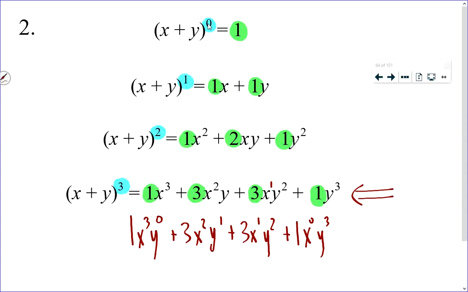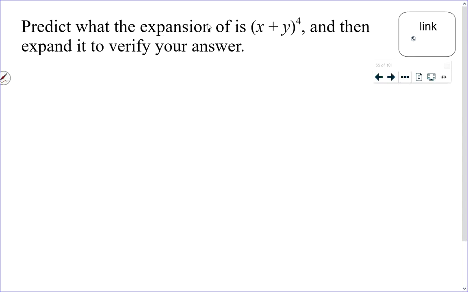So it goes from x to the 3 to x to the 2 to x to the 1 to x to the 0, at the same time as it's going from y to the 0, y to the 1, y to the 2, y to the 3. There's all kinds of important ideas here.